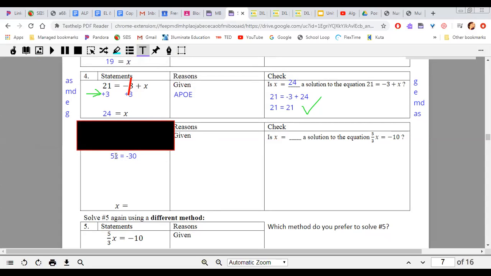So now it says 5 times x, right? And the inverse operation for multiplication is division. Okay. So I'm going to erase my box I made. First we had a times to get rid of that, and now we have to divide to get rid of the 5.